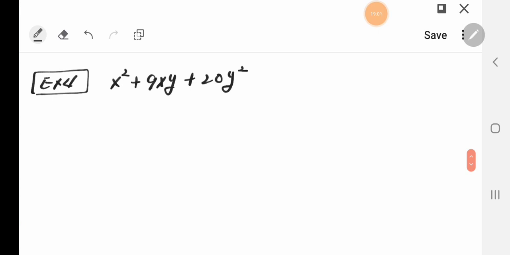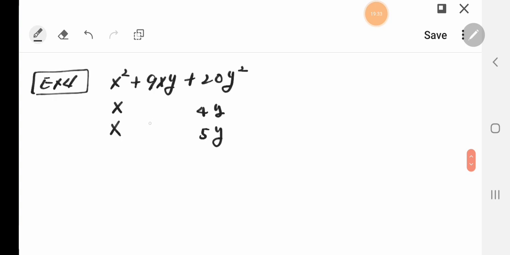The first term x squared is x times x, and the last term is 20y squared. So 20 is 4 times 5, so it will be 4y times 5y, because y squared is y times y. So 4y times 5y is 20y squared.